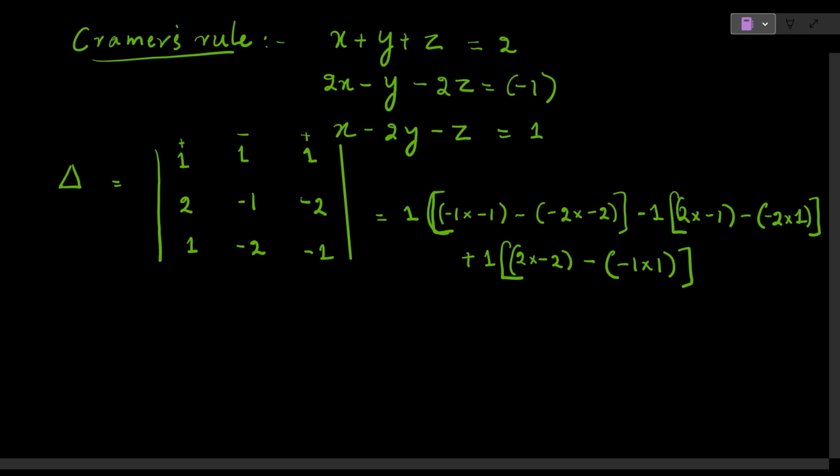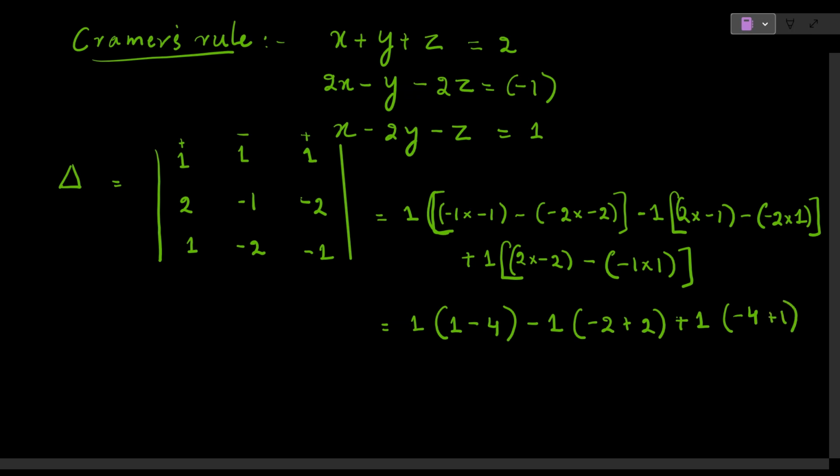This one I have given the formulas in shorts. You can recall all my shorts. So now let us solve. 1 into minus 1 into minus 1 is plus 1 and minus of minus 2 into minus 2 is 4. Minus 1 into minus 2 minus of minus 2, minus of minus 2 is plus 2. Plus 1 into 2 into minus 2 is minus 4. Minus 1 into 1 is minus 1 and minus of minus 1 is plus 1.